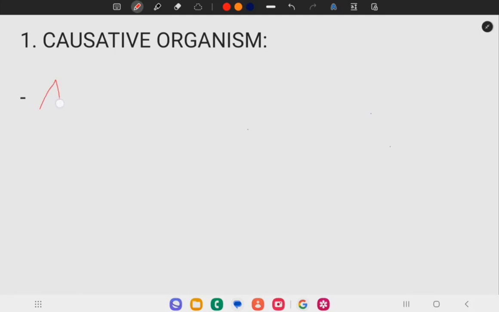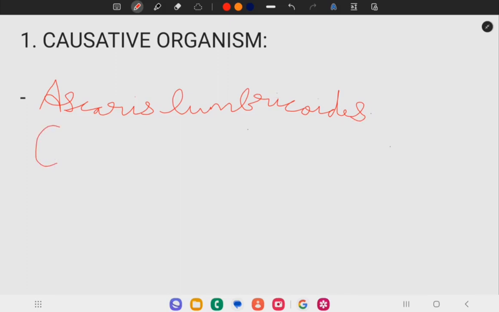Ascariasis is caused by Ascaris lumbricoides. Ascaris lumbricoides is also known as roundworm.